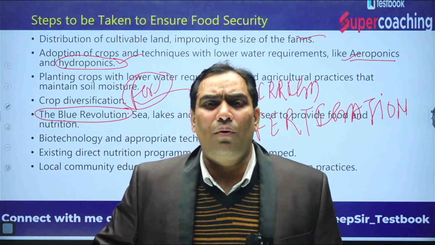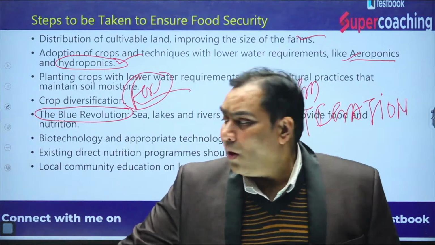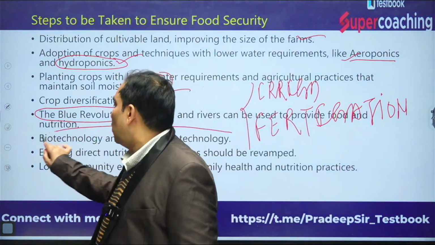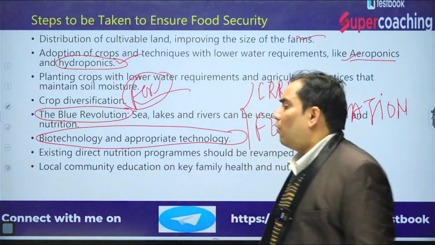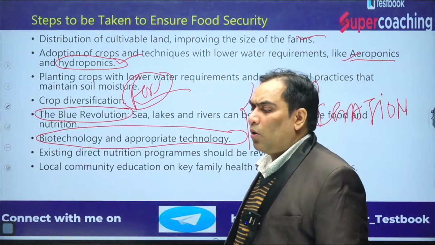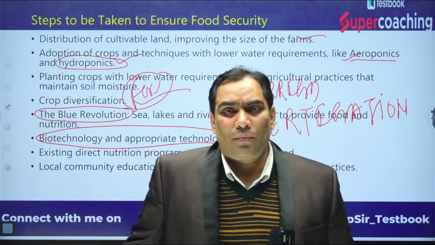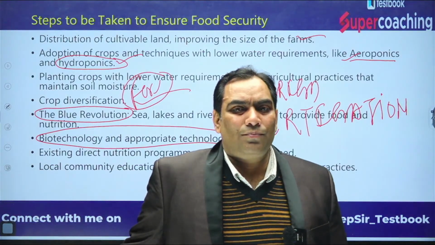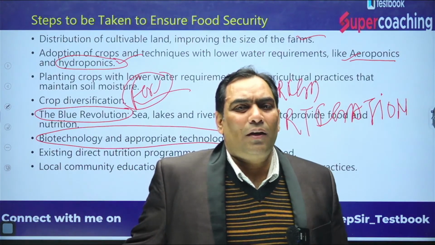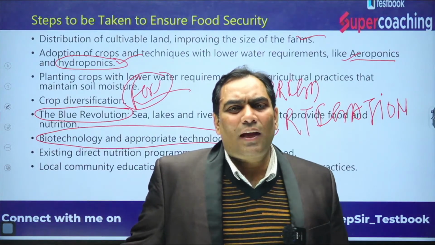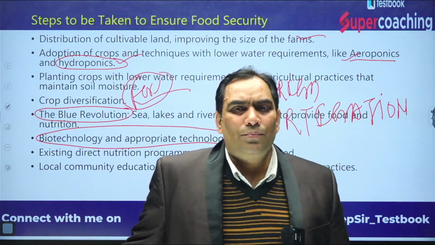That is nothing but the blue revolution. We can have biotechnology and other appropriate technology for increasing production. We can talk about genetically modified crops. Although that is a matter of debate, at least we can use biotechnology.